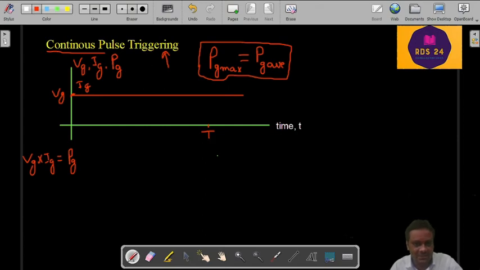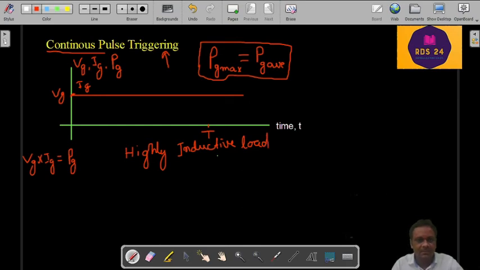This kind of firing pulse we use in applications with highly inductive loads. When we are having highly inductive loads, this kind of continuous pulse triggering is used.